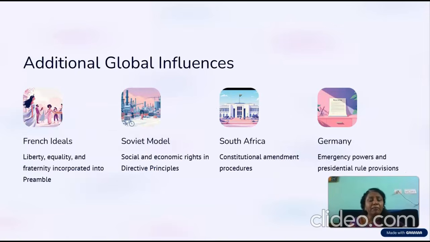Apart from that, French ideas of liberty, equality and fraternity, the gift of the French Revolution, are incorporated into our preamble. Then the Soviet model of social and economic rights in the directive principles, the constitutional amendment procedures from the South African model, and emergency powers and presidential rule provisions from Germany.